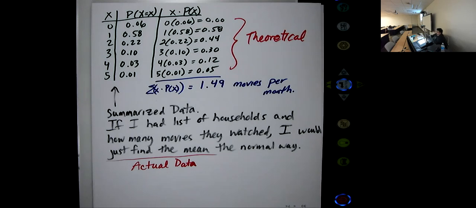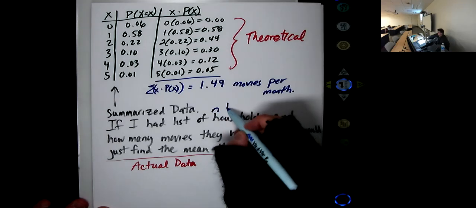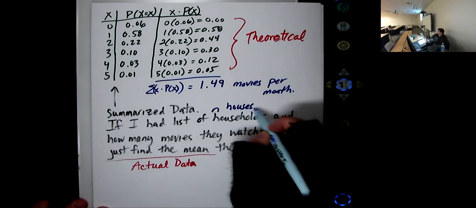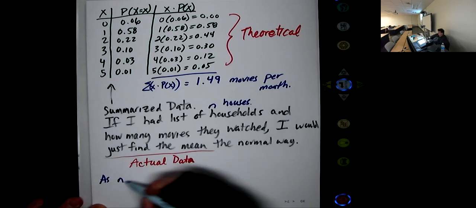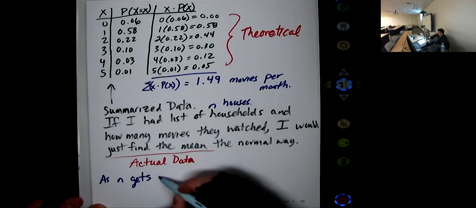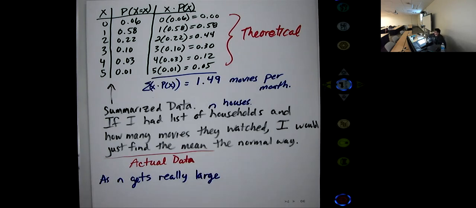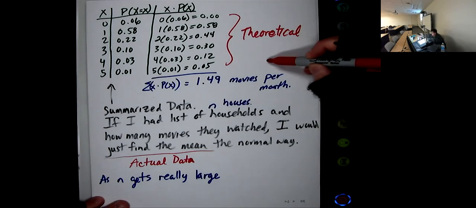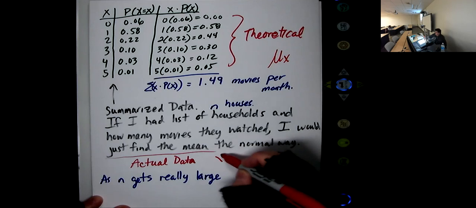Which means, if we had n households, as n gets really large, I was using mu of x for the mean here. The mean on actual data is like x bar.